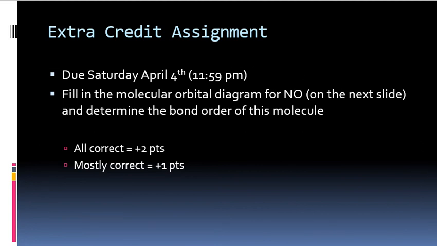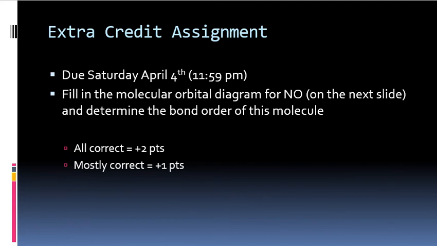I want you to fill the molecular orbital diagram for that molecule and then calculate the bond order. So add up the bonding electrons, subtract the anti-bonding electrons, then divide that difference by 2. And as always, if you get the entire extra credit right, plus 2 points. If it's mostly right, plus 1.